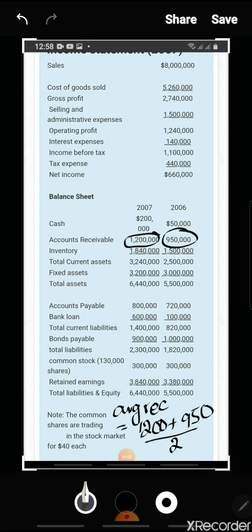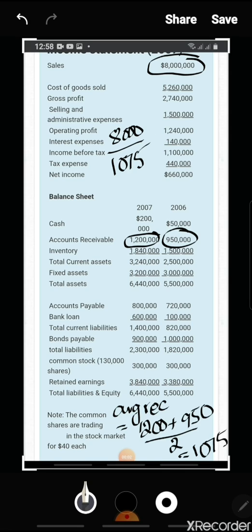The average receivables amount is coming 1075. The receivable turnover ratio will therefore be sales divided by the average receivable, so that is 8000 divided by 1075. This is the receivable turnover ratio.